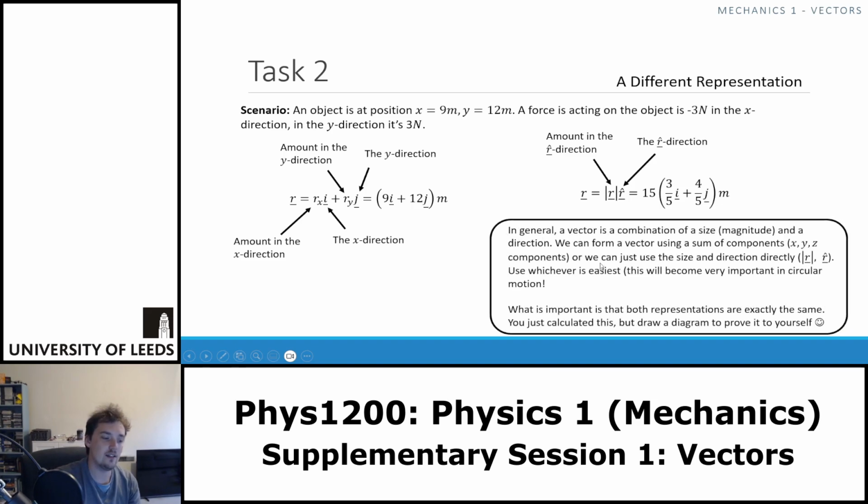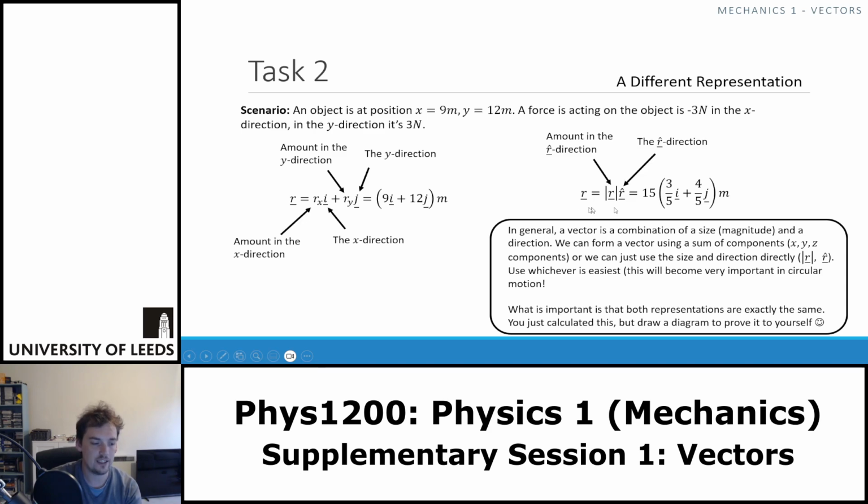So in general, a vector is a combination of a size and a direction, right? We can form a vector using a sum of components x, y, z, or we can just use the size and direction of that vector directly. So that's the magnitude and the direction of that vector. Use whichever's easiest. It turns out that in circular motion, where things are moving in circles, this representation is a lot easier than this representation, because this representation has trigonometry and cos theta and sine theta and all this stuff, whereas this representation has none of that.